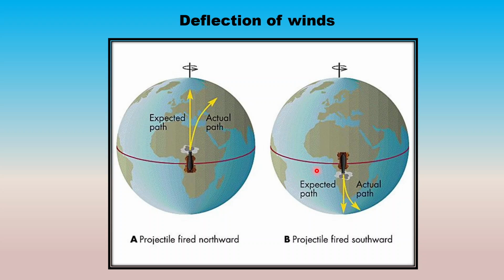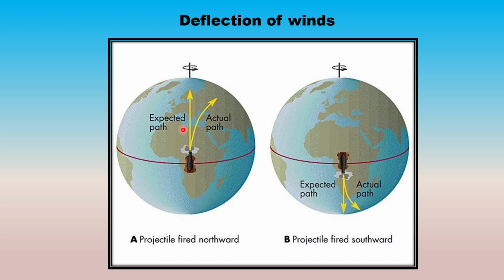Now let us understand, what do we exactly mean by this deflection of winds? Now this deflection of winds occurs due to the Coriolis effect. According to the Coriolis effect, winds do not move in a straight path, be it in the northern hemisphere or southern hemisphere.